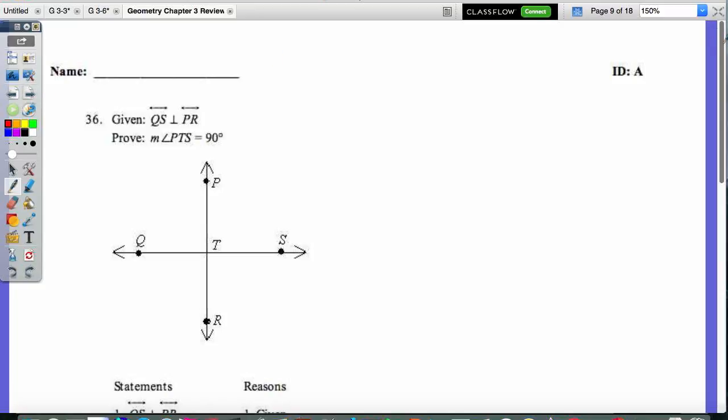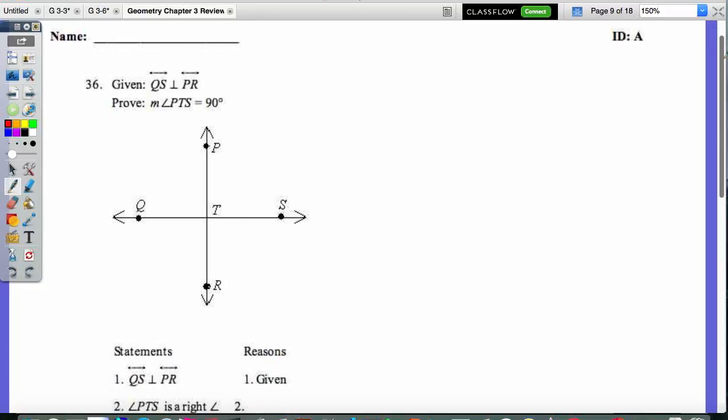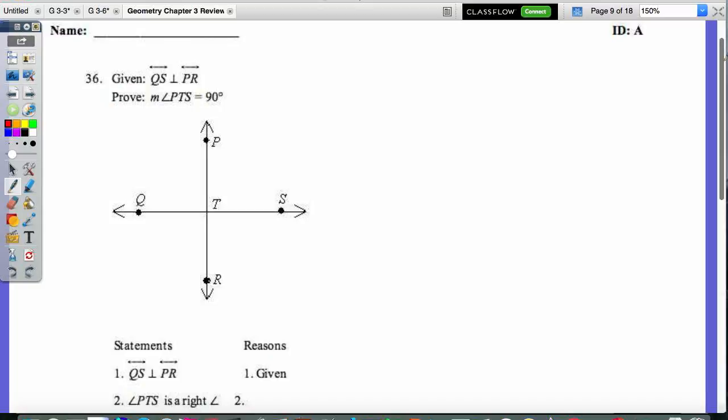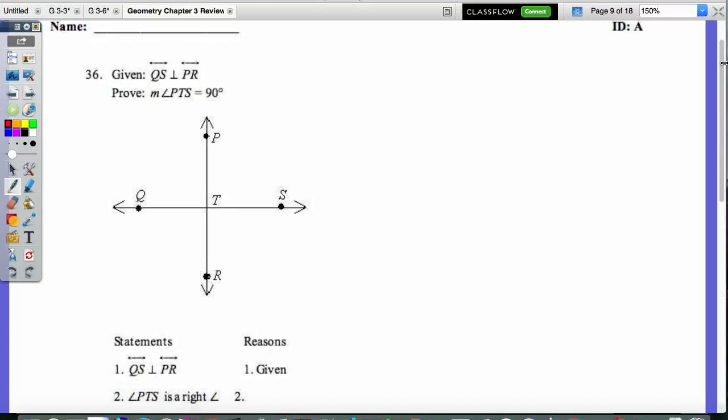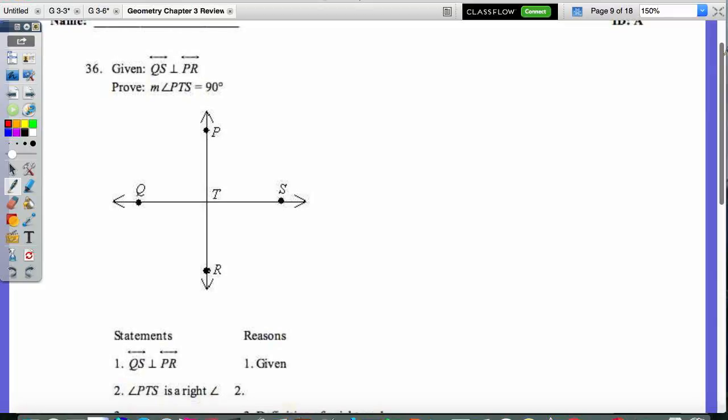Problem number 36. QS is perpendicular to PR. So if QS is perpendicular to PR, we can say that PTS is a right angle.